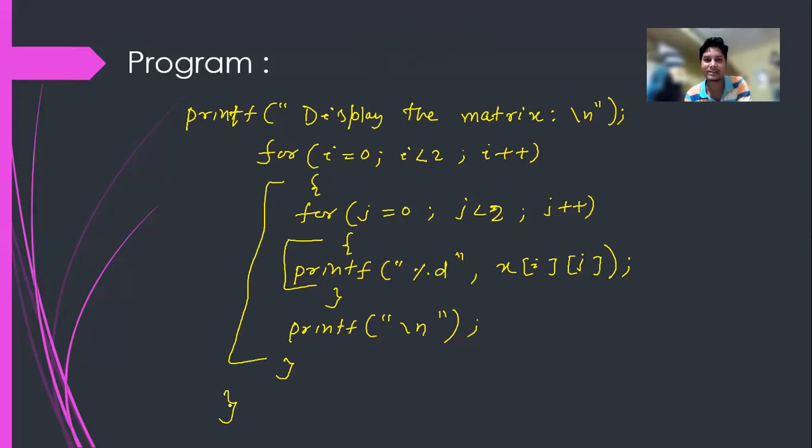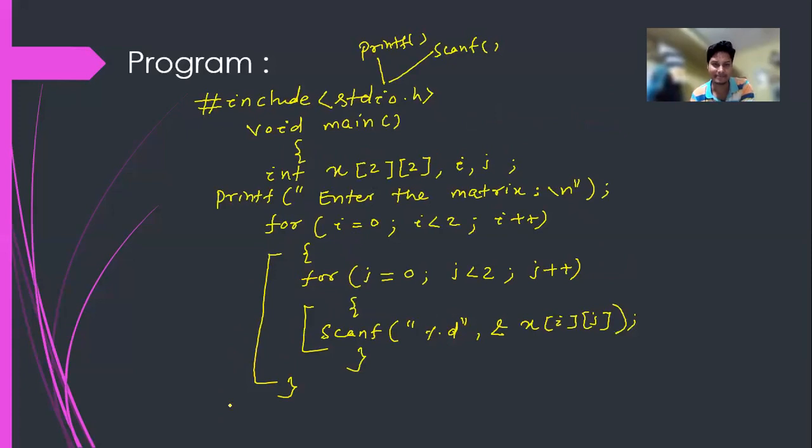Now let's see how this executes. Here i stands for row and j stands for column. So here I can write like this: this stands for i and this stands for j.